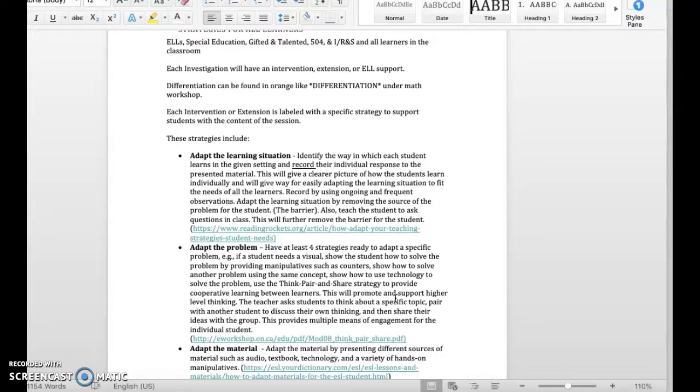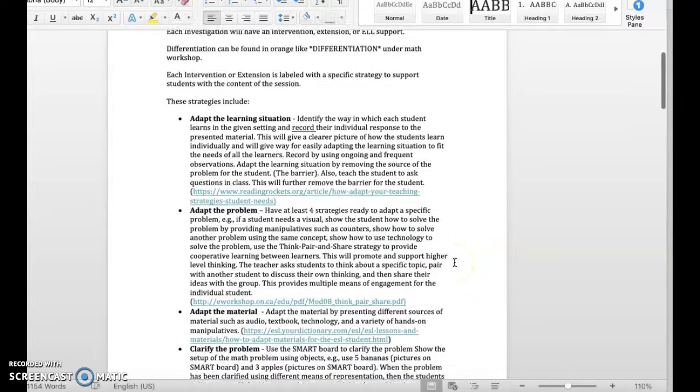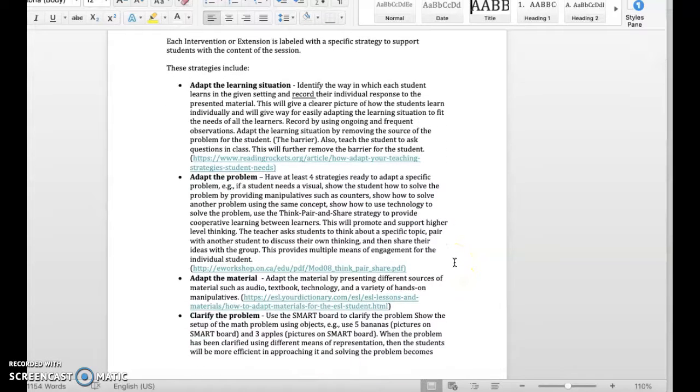By using these different approaches, it will allow teachers to engage each student and accommodate their individual learning style. In addition, they are research-based, which I researched online. So you can see how the link is attached to each of these strategies.